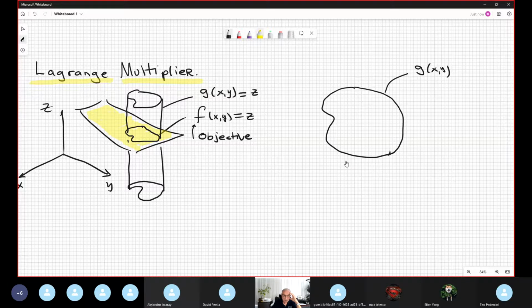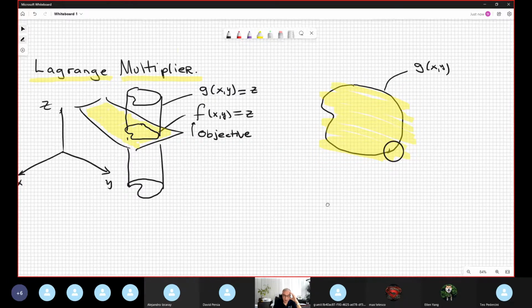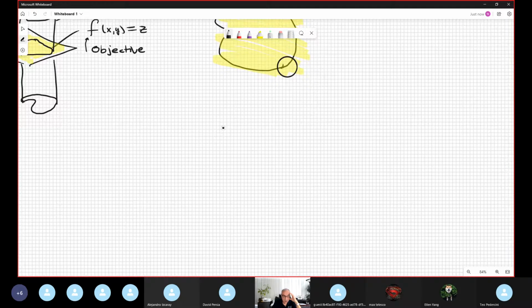And the surface, I see only in yellow. I select one piece to investigate this. I make a zoom on that part. So I make a zoom, two zoom.